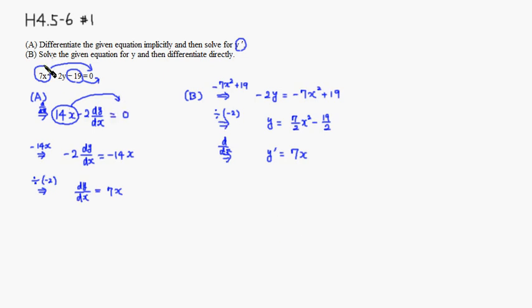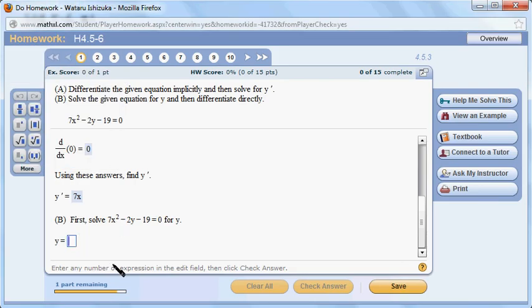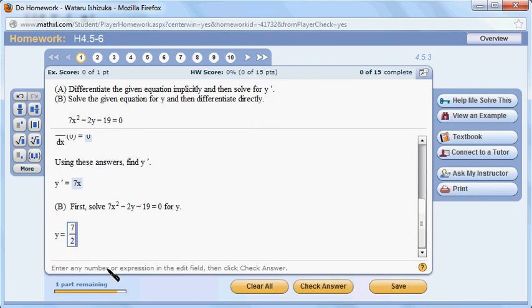Let's go back and type it in. Solving for y, you have 7 over 2 x squared, minus, let's see, actually it's going to be plus 19 over 2.